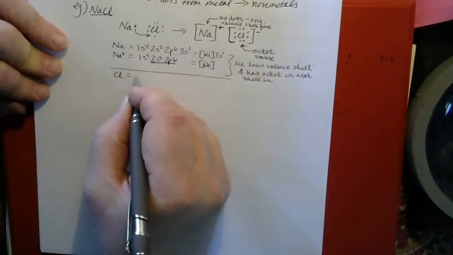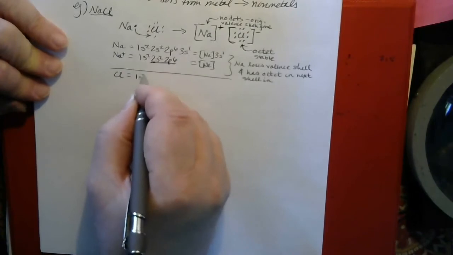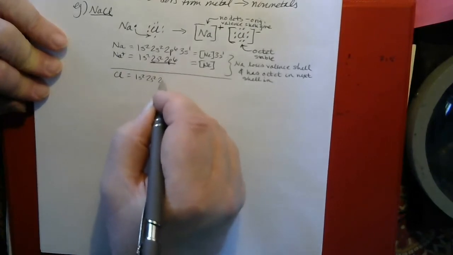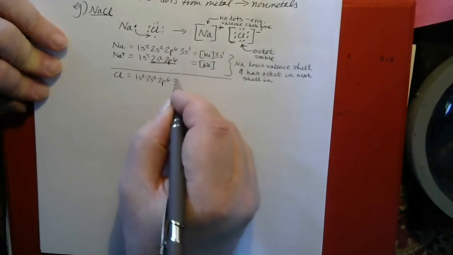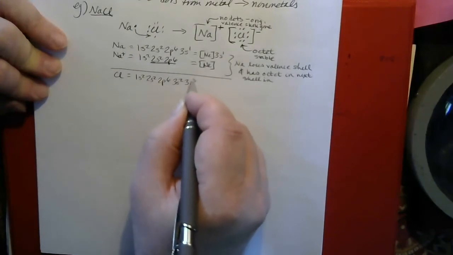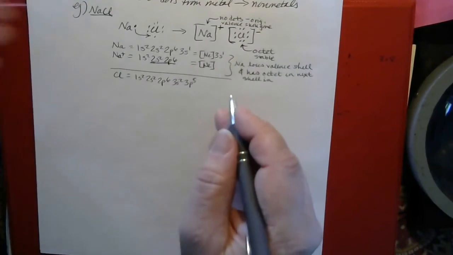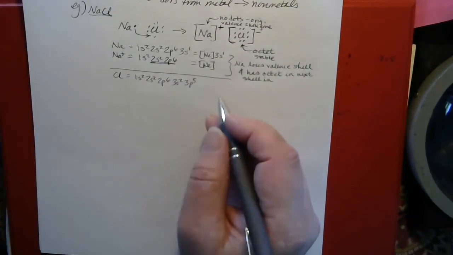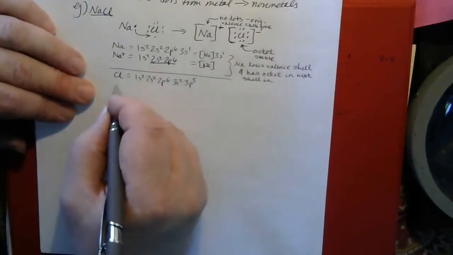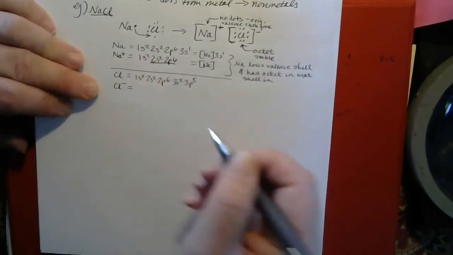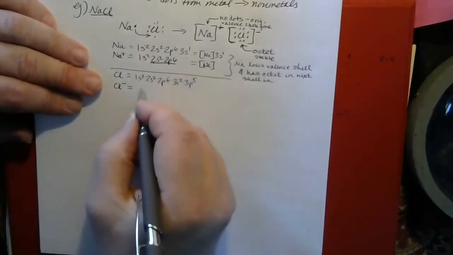For the chlorine, we have 1s2, 2s2, 2p6, 3s2, 3p5, which is only one electron short of the configuration of argon, which is why when chlorine gains an electron, it becomes so stable.